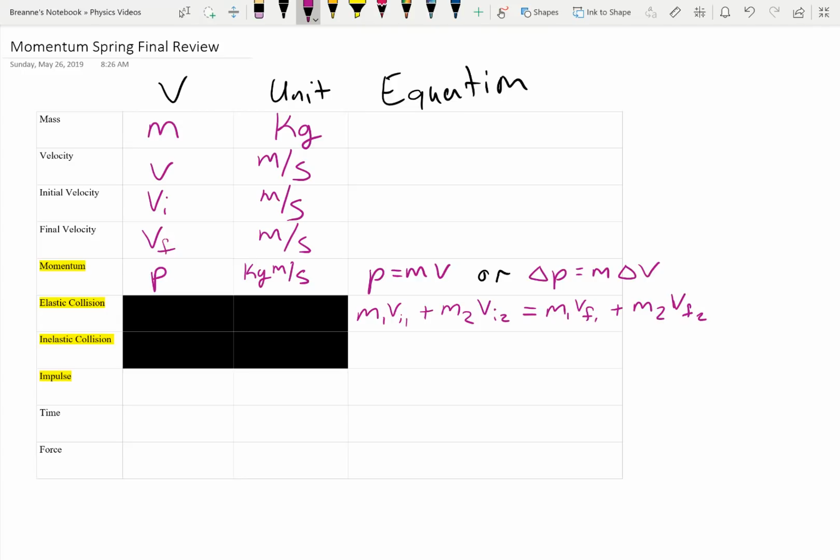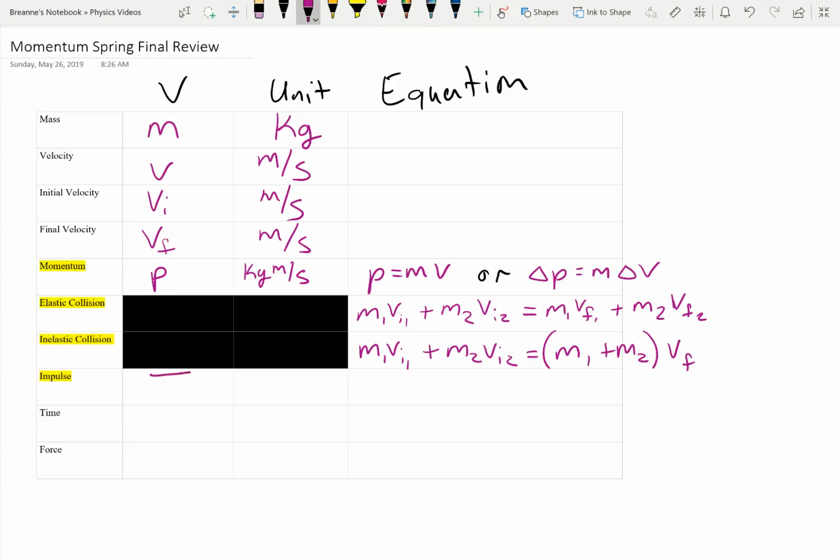An inelastic collision is when things stick to each other. So they don't necessarily start out together. You have M1 times VI1 plus M2 VI2 equals, and the two objects stick together, and you just get one final velocity because they're going at the same speed because they're stuck together.